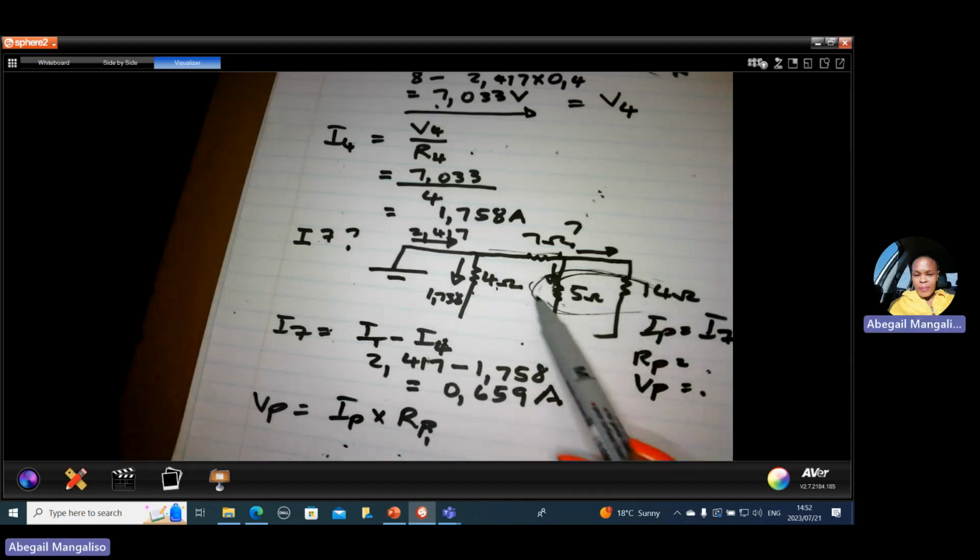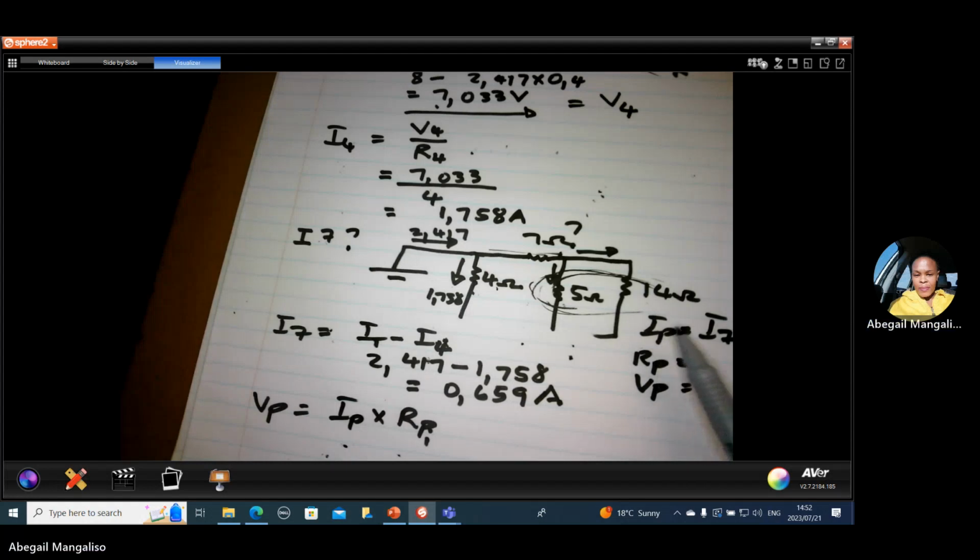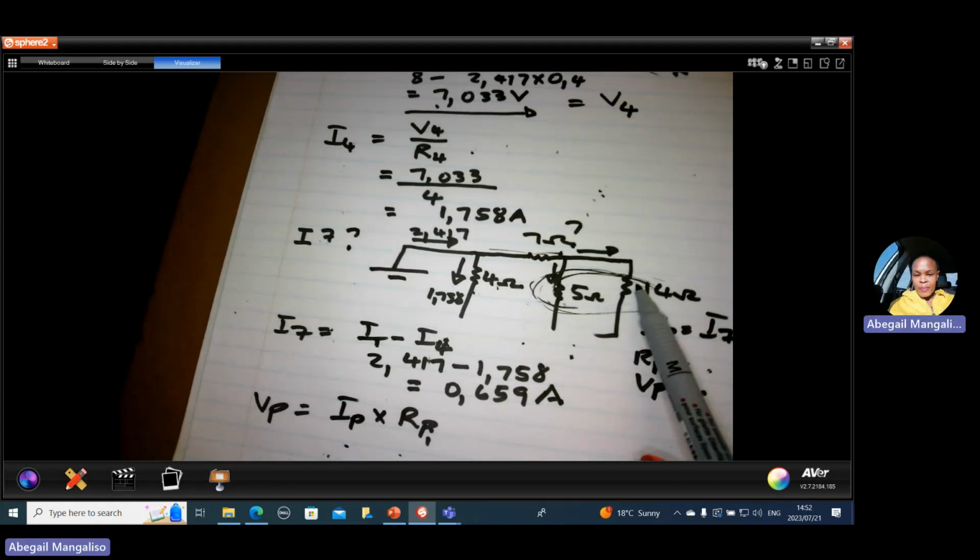When you calculate the voltage of the total parallel connection, it will be total parallel resistance multiplied by the total current of this section. The current in this section is I7, 0.659.